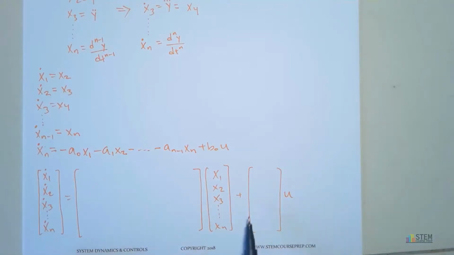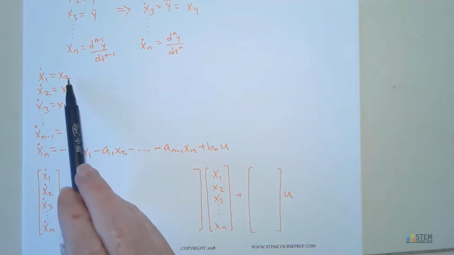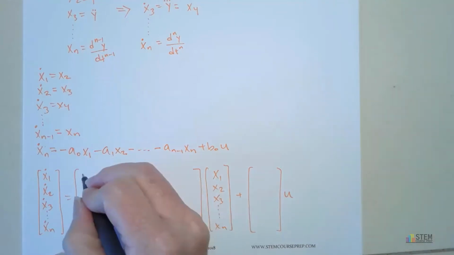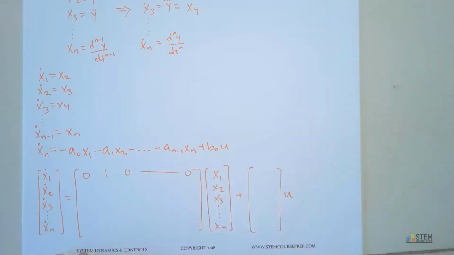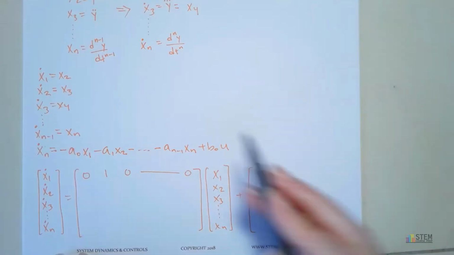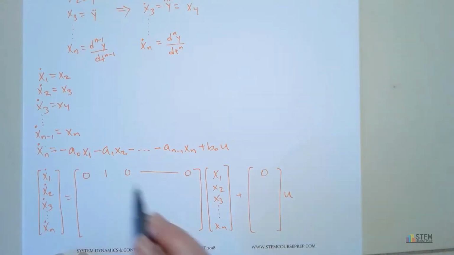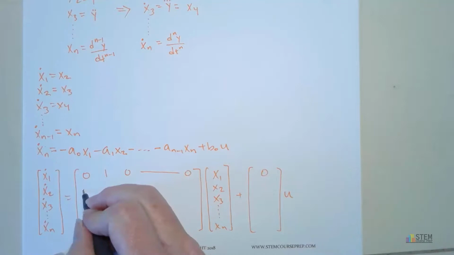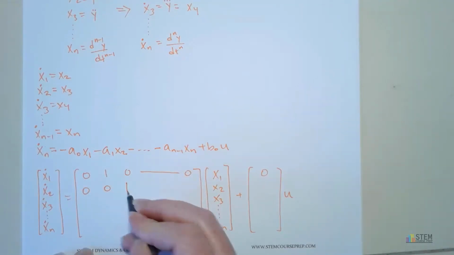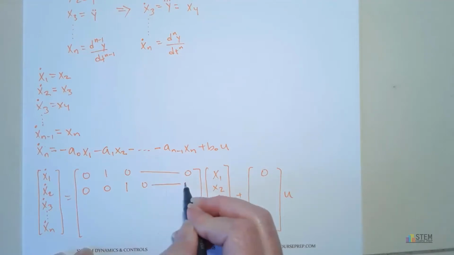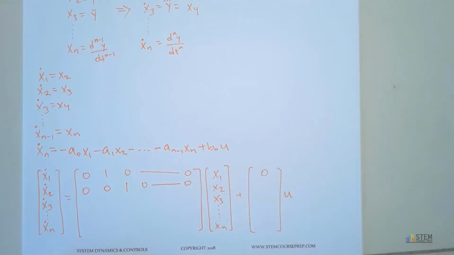Now we just fill in these matrices. We have x2, so that means we're going to have 0, 1, and then the rest of this will be zeros. Up here, that's 0. This is x3, so we have 0, 0, and then 1. The rest is going to be zeros. Then we have x4, then x5, and so on and so forth.